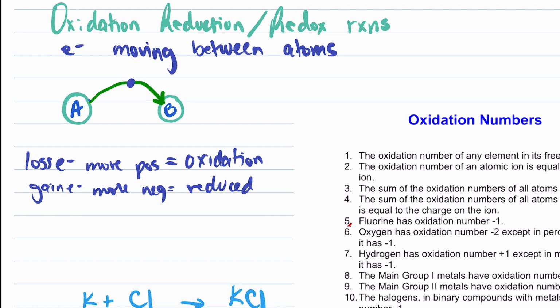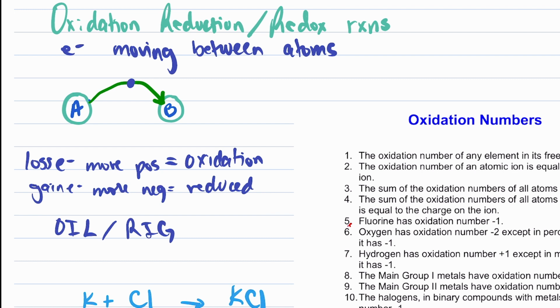So there's an acronym to help you with that, and there's really two. One that I know of at least is OIL RIG. When I learned this, OIL was easy to memorize because it's already a word you know. So OIL: oxidation is loss, and if you know OIL, then you know the opposite will be reduced.